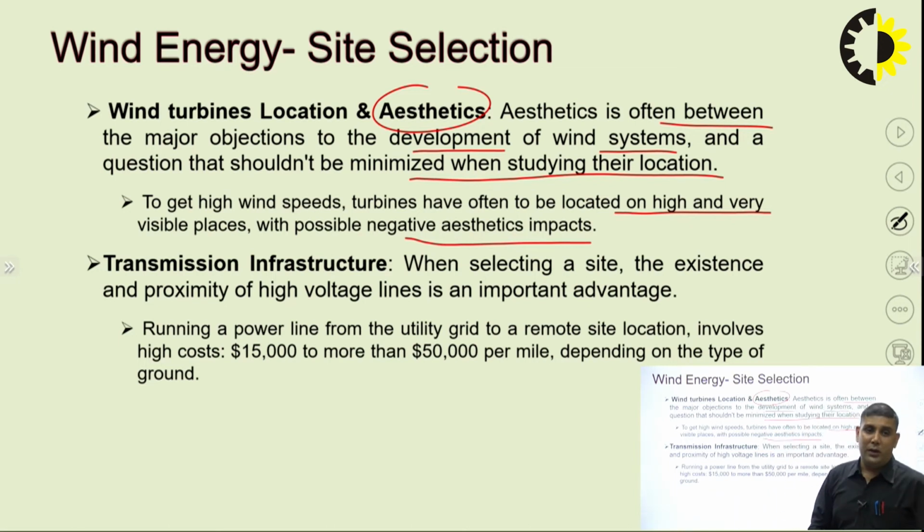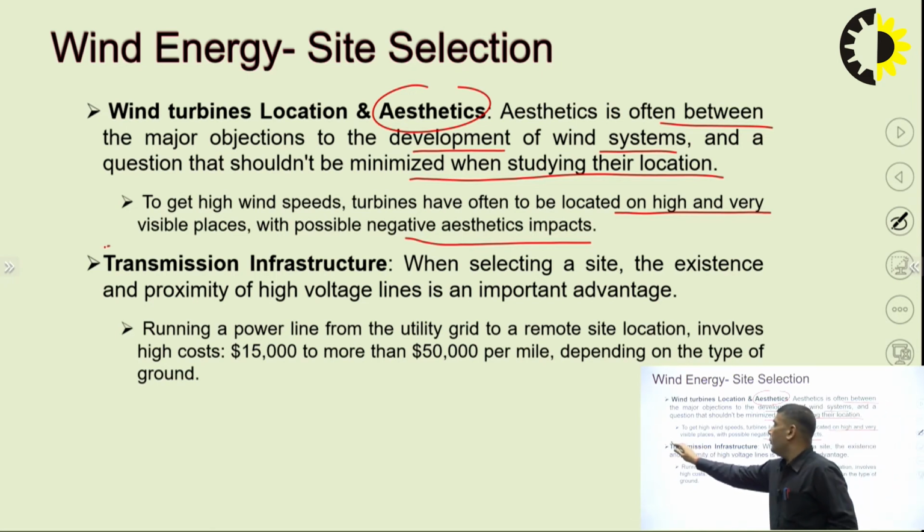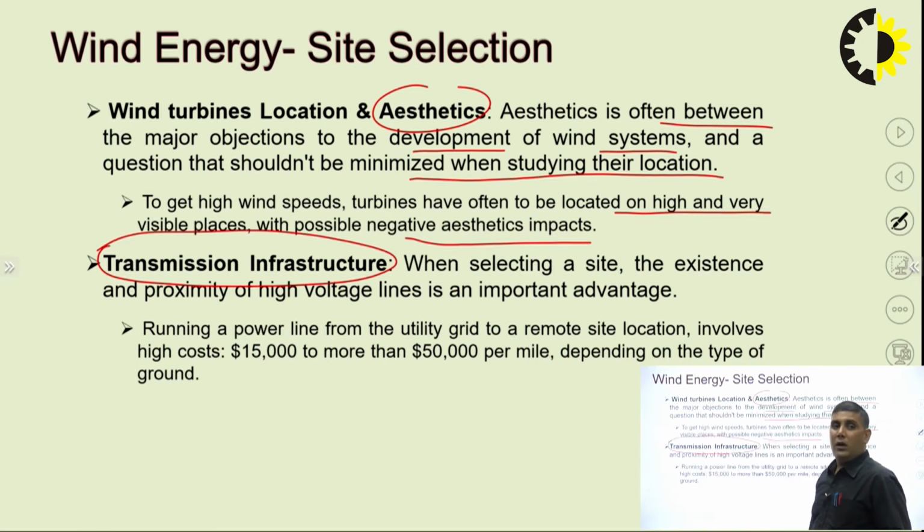Okay. Then we have transmission infrastructure. This is most important. As we see, we are setting up wind power plants in coastal areas, where the population density is not as high as in urban areas or even rural areas. So when selecting a site, the existence and proximity of a high voltage line is an important advantage.